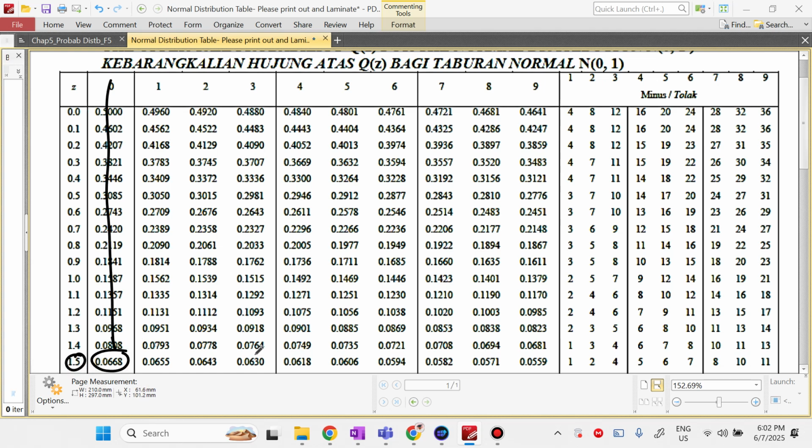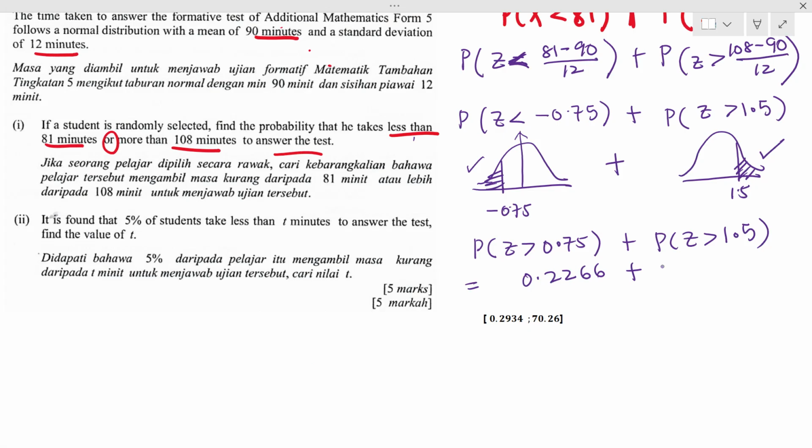So 0.0668. Then 0.2266 plus 0.0668, and you are getting 0.2934, the exact answer.